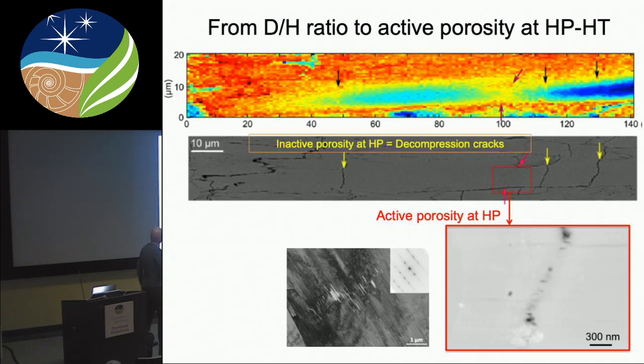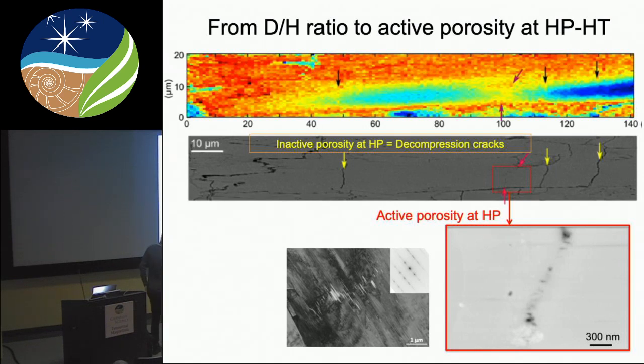So this corresponds to a single crystal, a priori. And we see on the SEM map that we have cracks that crosscut this crystal, but these cracks also crosscut the diffusion domains. So it means that these cracks were not active when we were at high pressure and high temperature. So it means that we can use diffusion to distinguish between active and inactive cracks to estimate the porosity of these rocks.